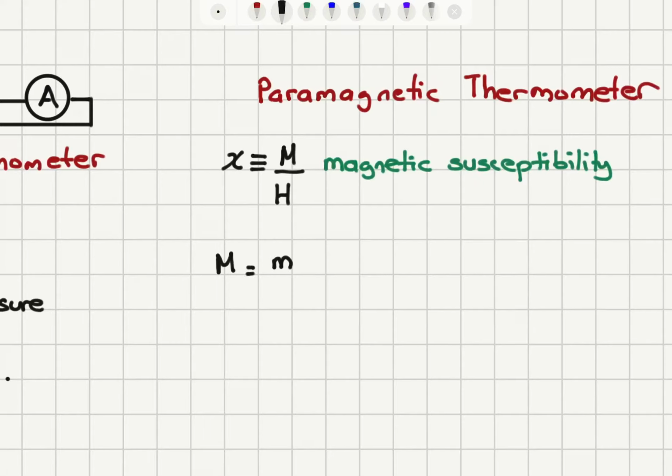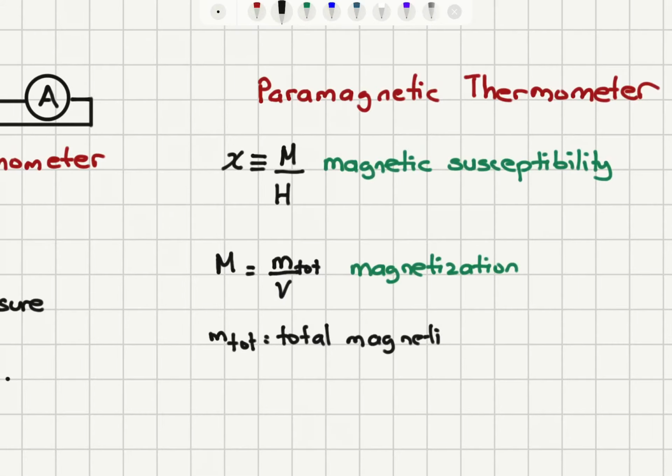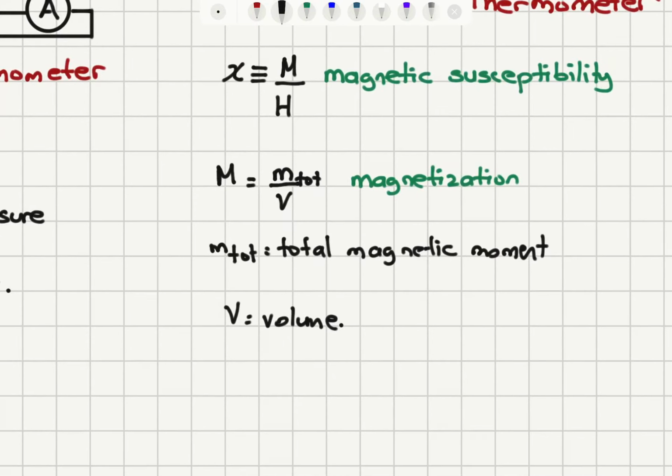It is total moment M divided by V, so M total divided by V. This is magnetization, where M total is the total magnetic moment, and V is volume. Then you have H, the applied magnetic field.